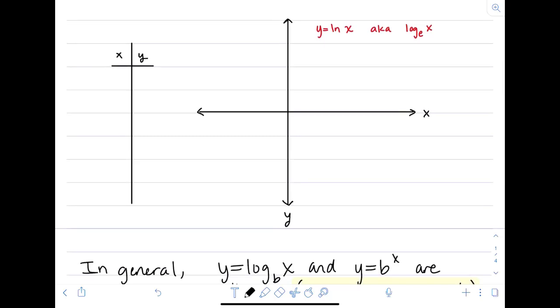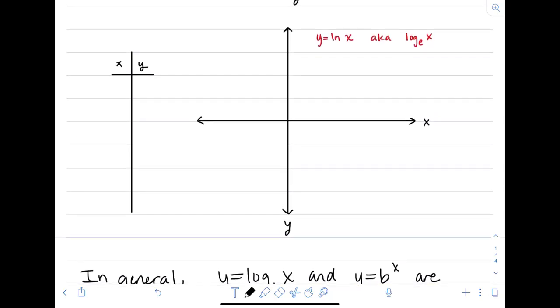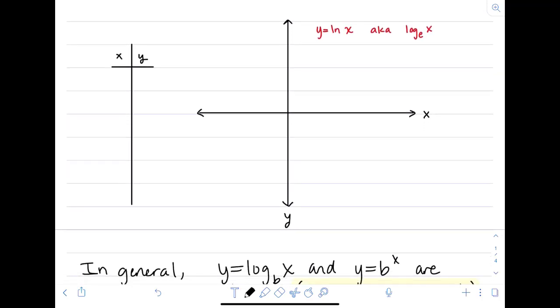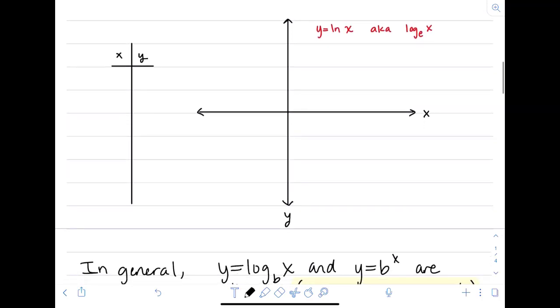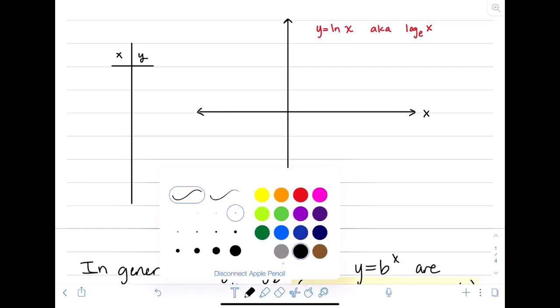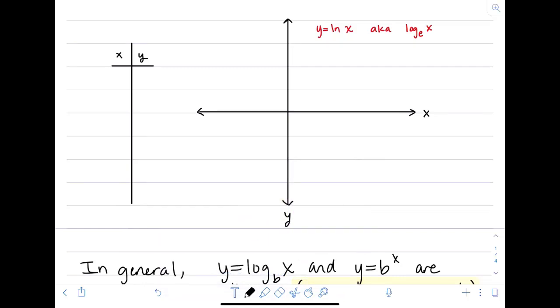Okay, so let's take a look at the other kind of graph, a logarithm. Again, we're going to look at the most famous one, which would be ln of x. And that is a fancy shorthand way of writing log base e of x. Why did this happen?